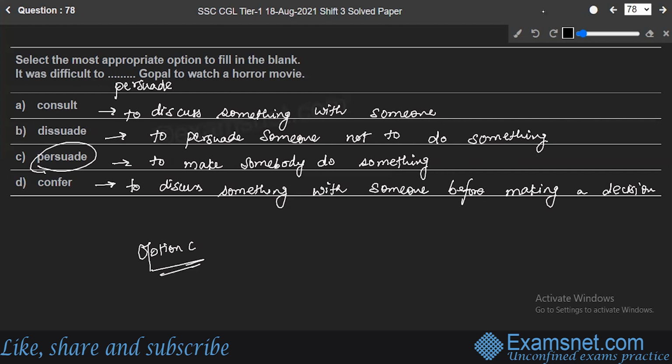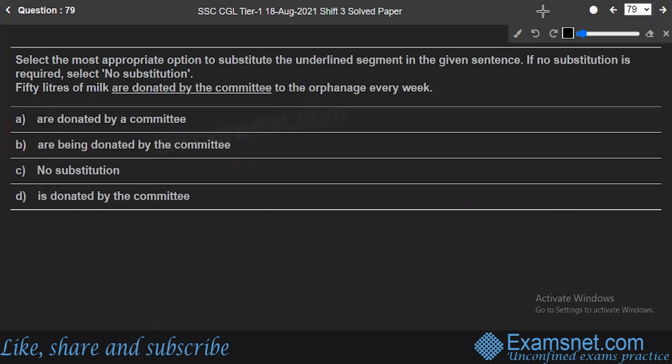Hope you are clear. Next question number 79. Select the most appropriate option to substitute the underlined segment in the given sentence. If no substitution is required, then select no substitution. Let's read the sentence. 50 liters of milk are donated by the committee to the orphanage every week. What is incorrect in the sentence? Well, the underlined segment contains are. This are is used for milk.